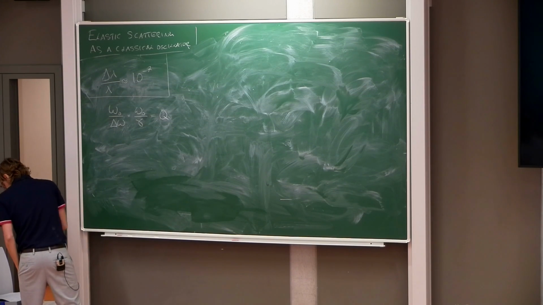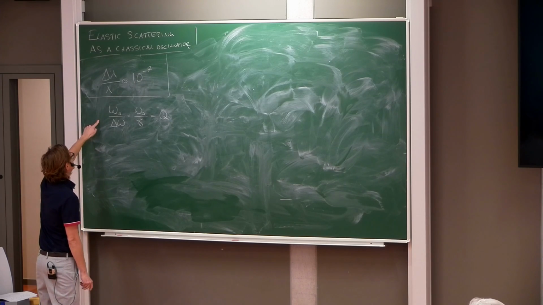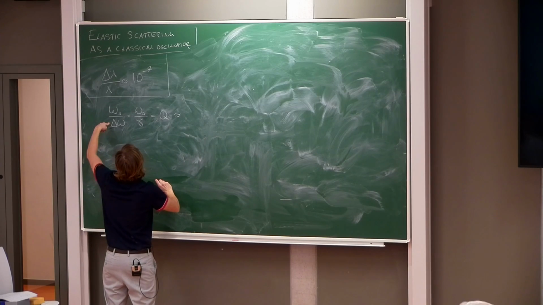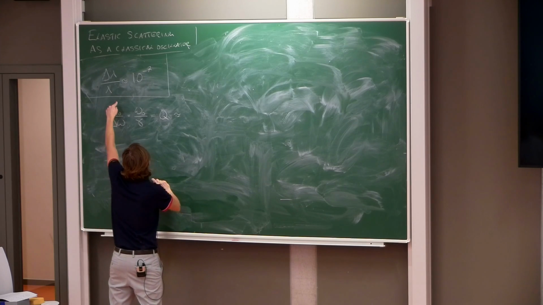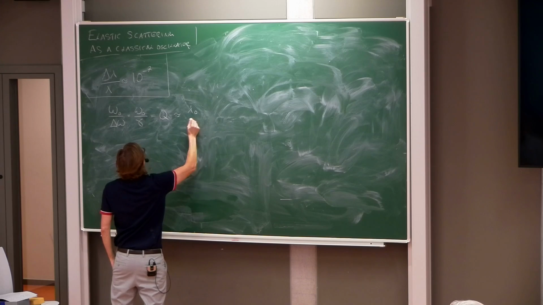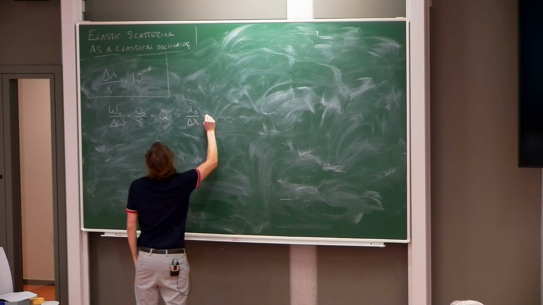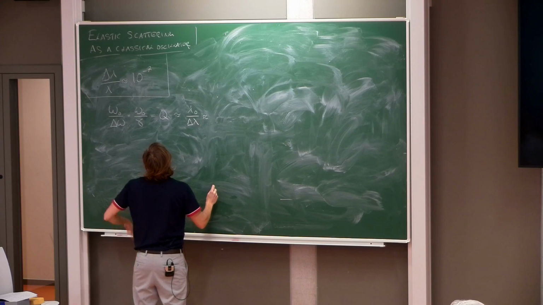And this, as you can see, we can approximate with just lambda 0 divided by delta lambda as well, which, as we have already done, no, it has to be the opposite here.